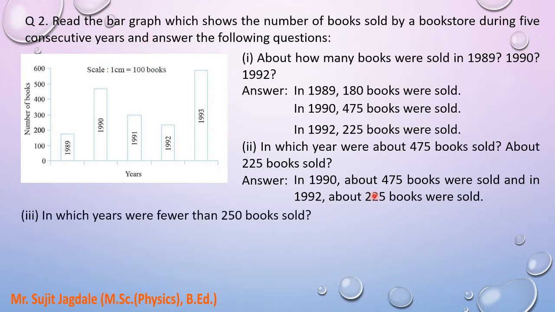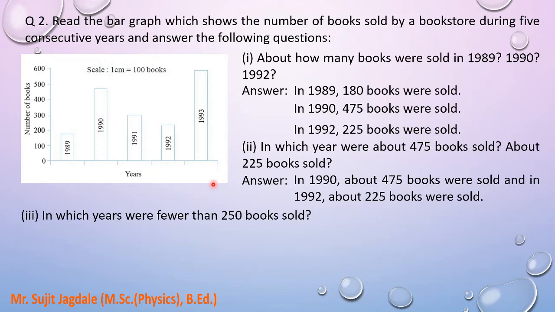Now question number 3: in which year were fewer than 250 books sold? Okay, so here you have to mention in which years the books sold will be less than 250. So that number should be less than 250. Now how to find out which years are those?